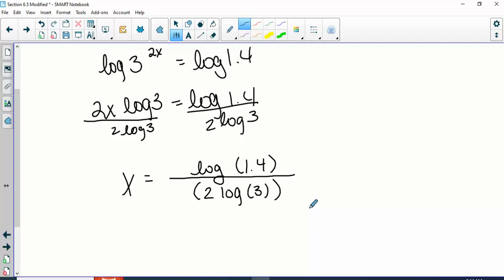Got 0.1531. So 0.1531, did everybody get that? Would it be 0.2 since there's a 5 between? If there was a 5, there's not.